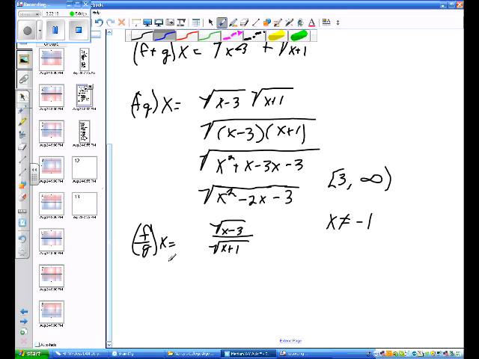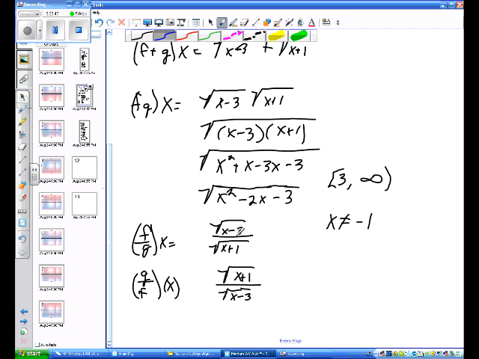And we could go through and rationalize, but right now we're just mainly looking at the domain. Now if we went g divided by f of x, where we were taking g of x, which was the square root of x plus 1, and dividing it by the square root of x minus 3.